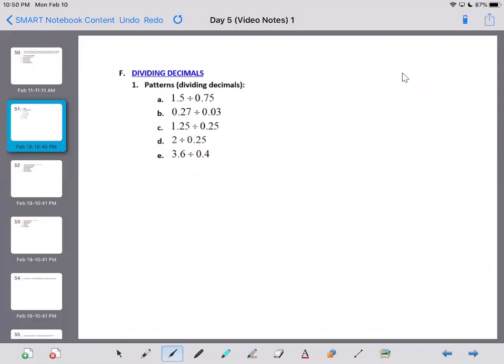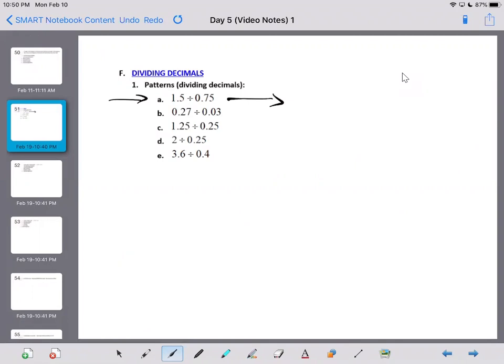Okay, in our last part, we're going to look at some examples with dividing decimals, and then we'll look at two examples using the different strategies, and then we'll wrap up the video. So when you're looking at patterns like this, you're thinking, all right, this is 1 5/10 divided by 7/500. You're thinking, how many times will 7/500 divide 1 5/10?